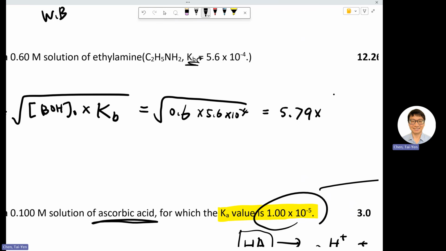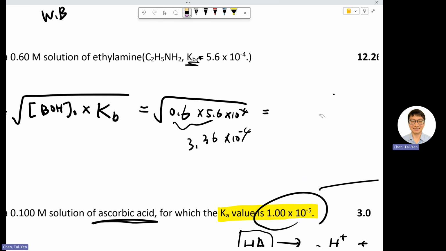See how crazy you guys can be when you play on the calculator. Okay, let me see. So this is actually 3.36 times 10 to the negative 4, right?